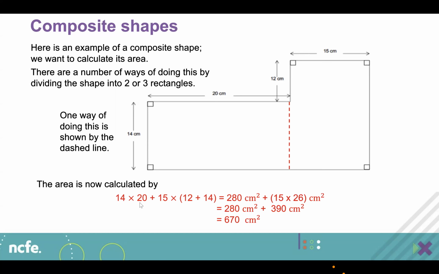So the area is calculated by calculating the area of both rectangles. We would do 20 times 14, and then 15 times 12 add 14, which is 15 times 26. So this equals 280, which is the area of this, plus 390, which is the area of this.